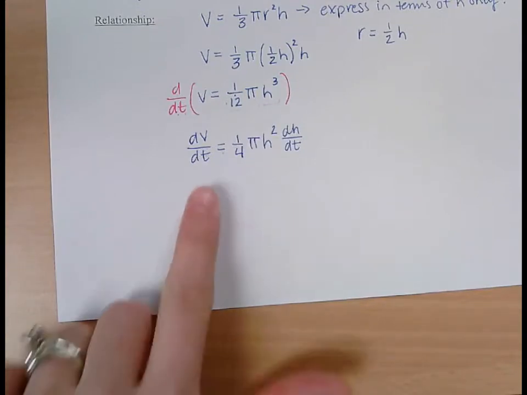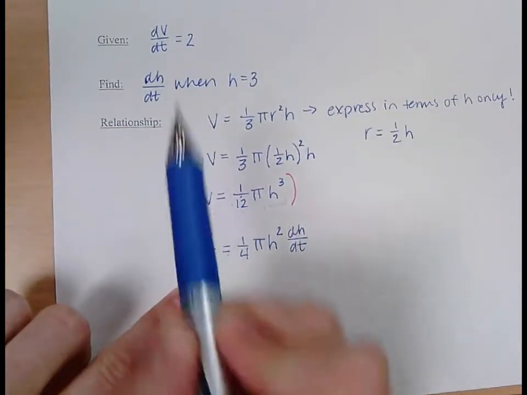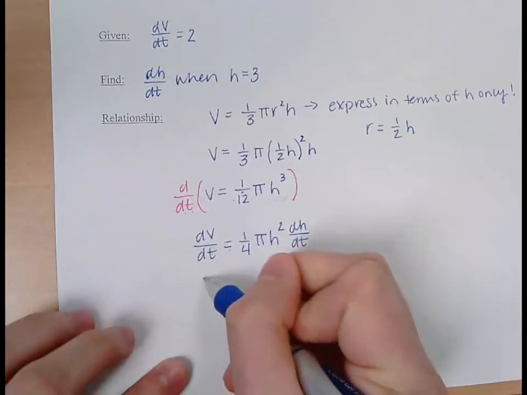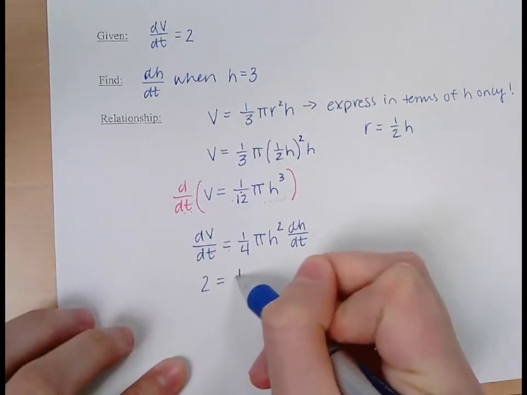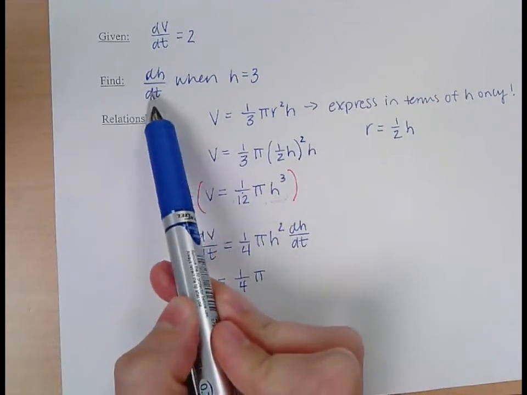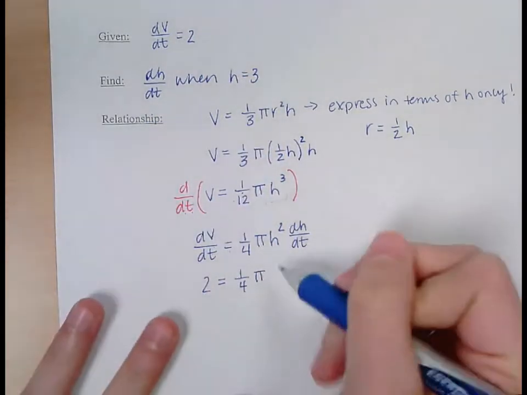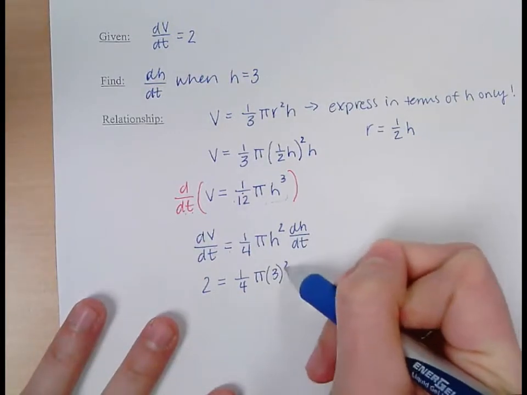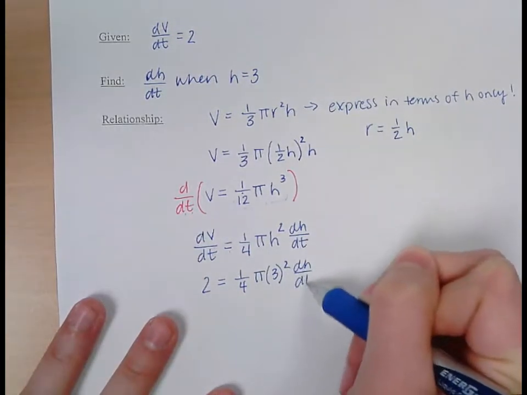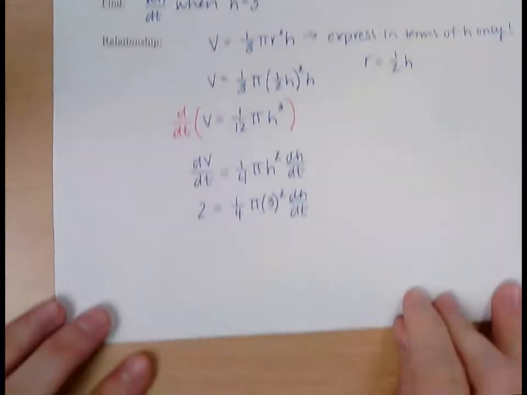So then dV/dt, now we go back to what we were given. dV/dt we know is 2. So 2 equals 1/4 pi times, we are finding dh/dt when h is 3, so we substitute 3 in for the h, and then we don't know dh/dt, but we can now solve this equation for it.